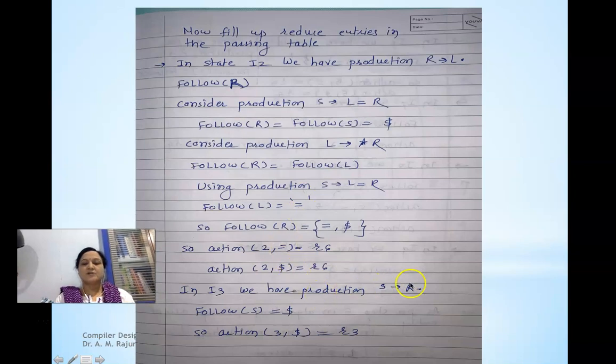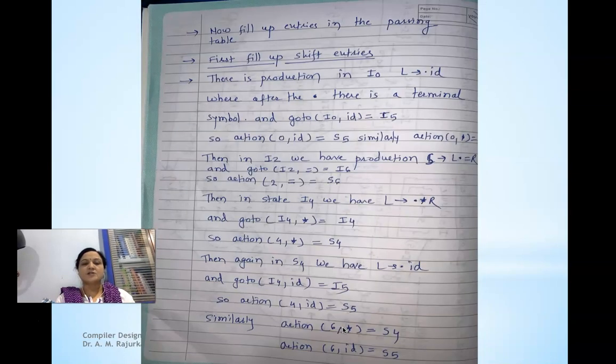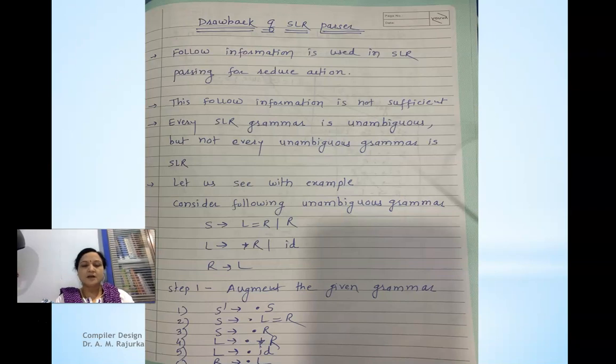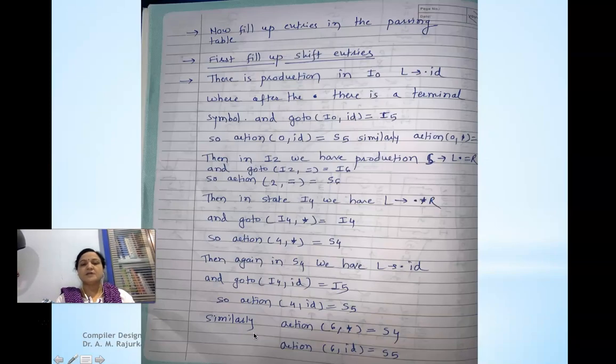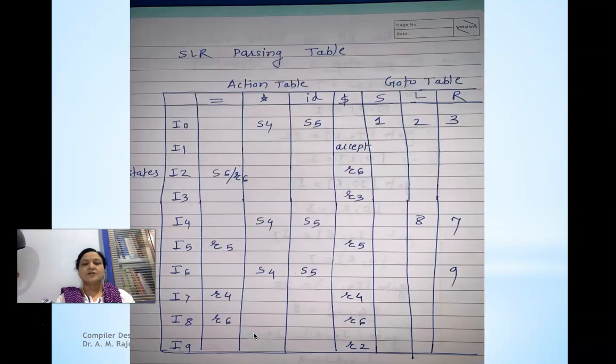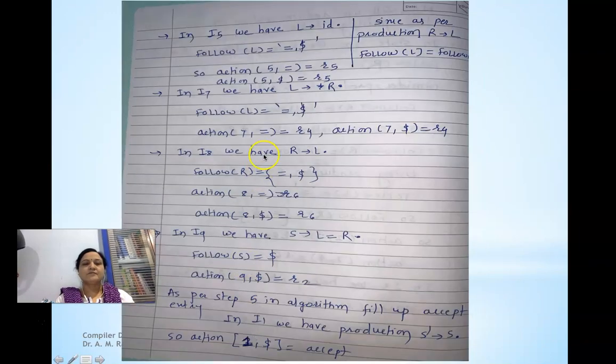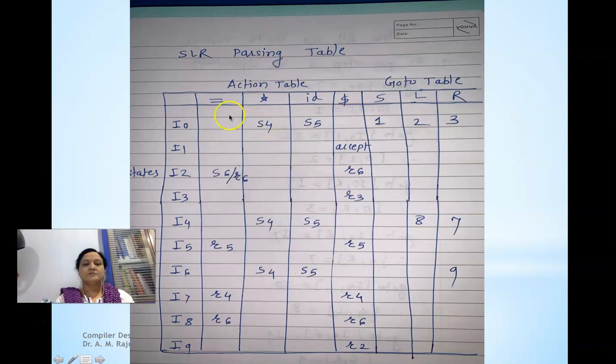So consider the production S tends to R dot, compute follow of S, which is dollar, and then make the entry action 3 comma dollar is reduce by S tends to R dot. The production number of S tends to R dot is 3, meaning R3. So 3 comma dollar is R3.